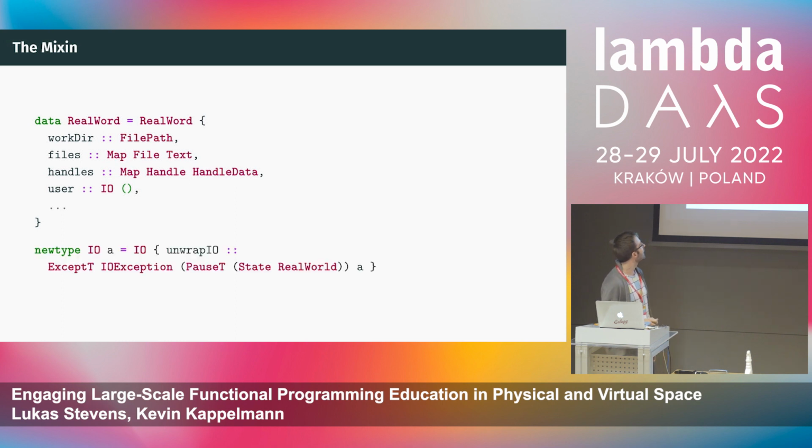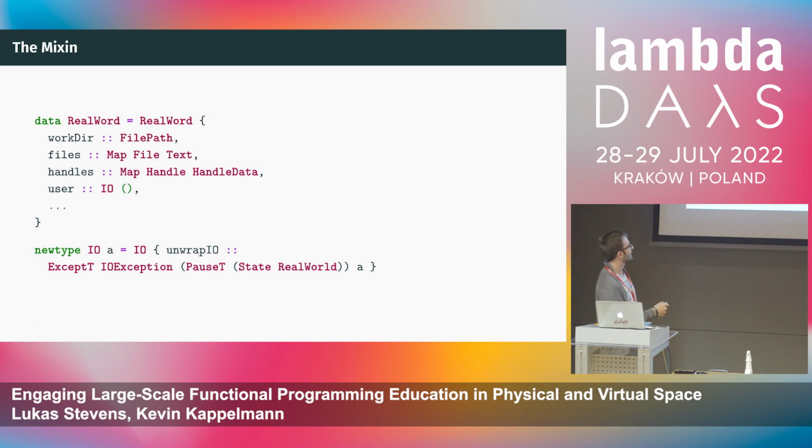And then this is the state of the real world, and the mocked I/O type is just, as we saw previously, we wrap that with a state monad so that we can modify the real world. Then we wrap that with a pause monad transformer. I will come to that shortly, and then around that we have an exception transformer that just adds I/O exceptions. So this part is quite simple, and now I will shortly give a glimpse on what this is.